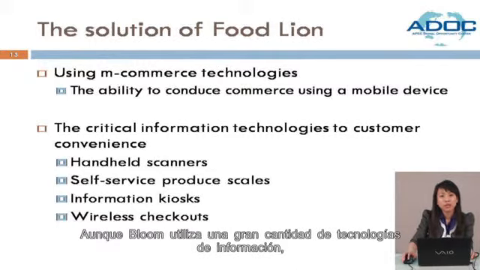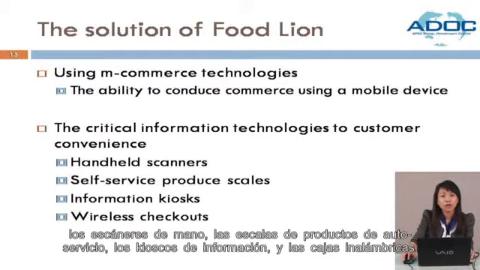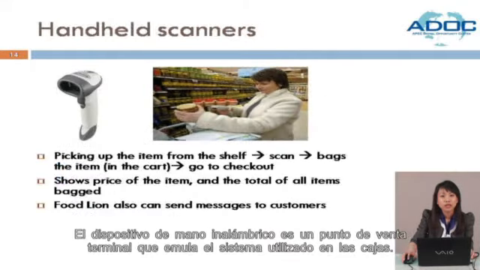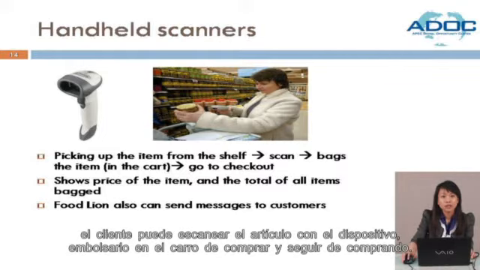Although Bloom utilized a lot of information technologies, the critical technologies to customer convenience are handheld scanners, self-service product scales, information kiosks, and wireless checkouts. The handheld device is a point-of-sale terminal that emulates the system used at checkout. The device is given to the customers. After picking an item from the shelf, the customer scans the item with the device, bags the item in the cart, and continues shopping.